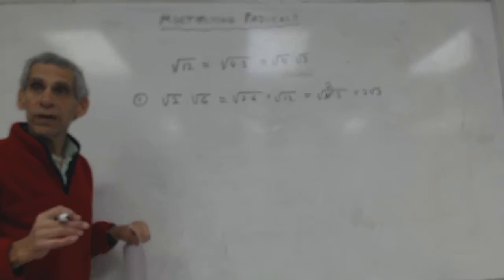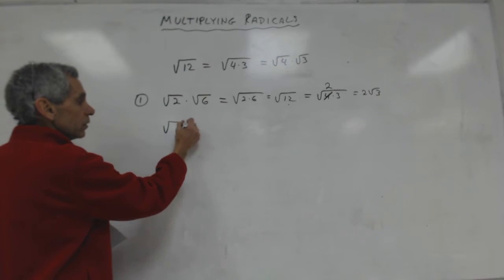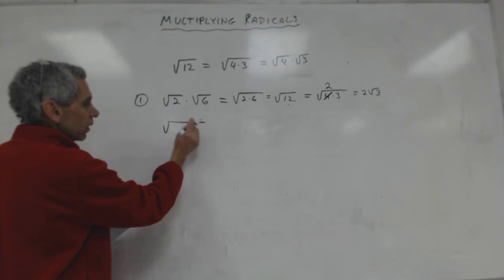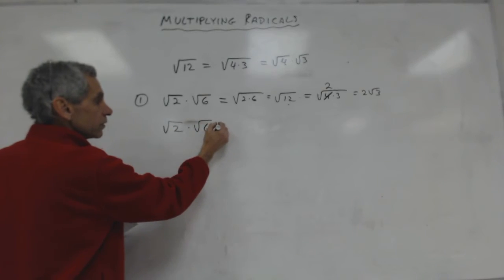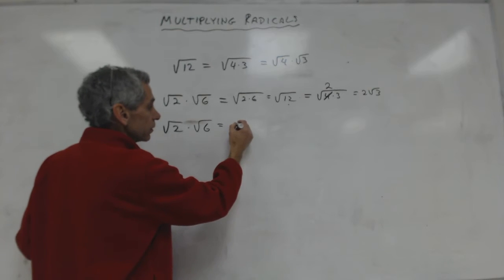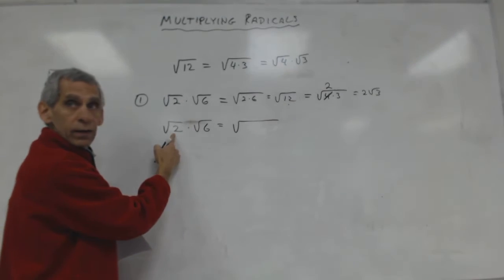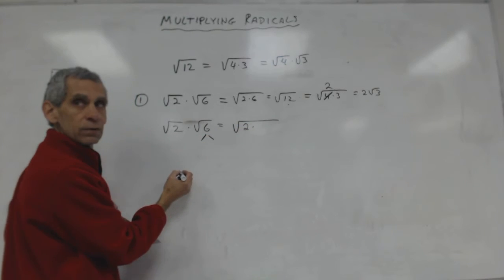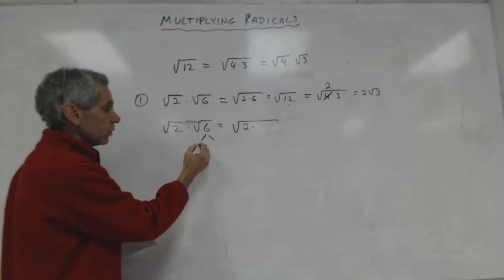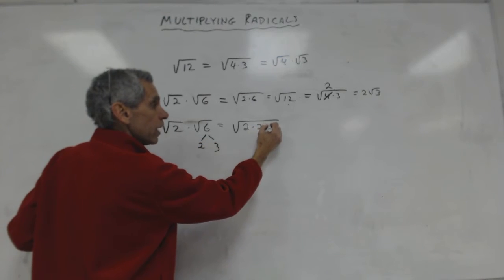Now, there is another way to do this, and I want you to see it. Let me do it again. The square root of 2 times the square root of 6. Watch this, guys. This is 2, so I put a 2 here, times, what is 6? 2 times 3.